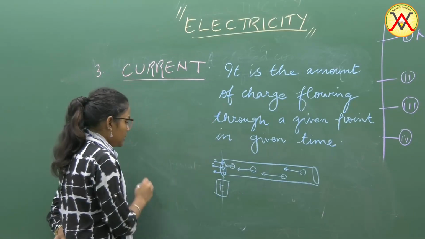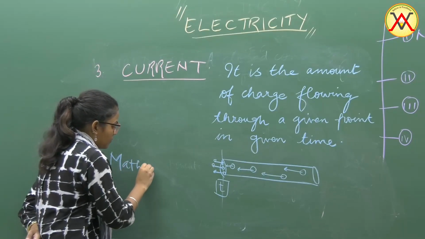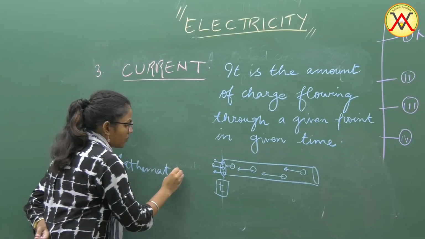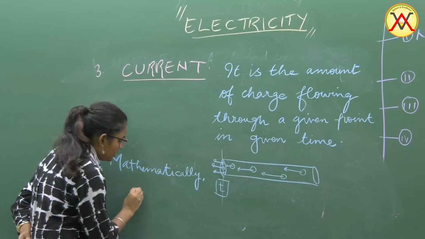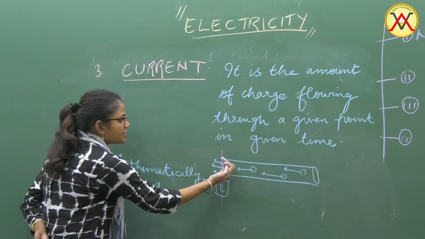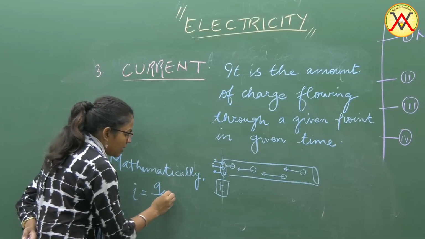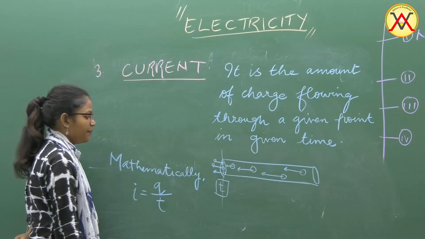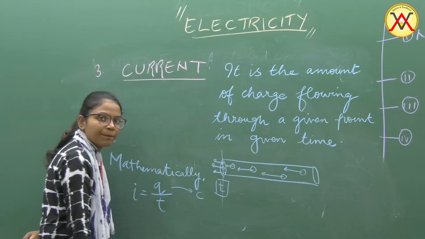So mathematically, current is what? Current is total number of charges flowing through a given point of given cross-section area divided by time. Our SI unit of charge is what? Coulomb.